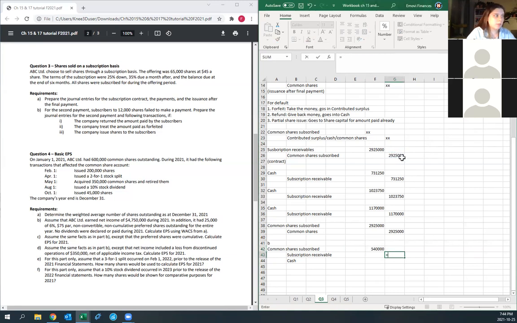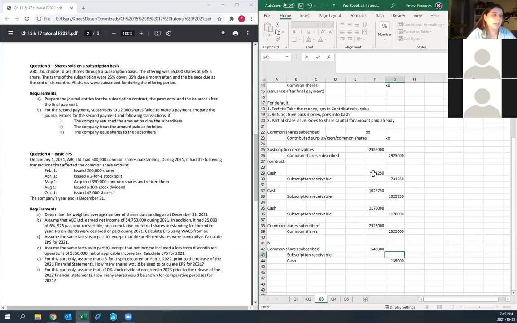Your subscription receivable, so this is for the second payment. So they only paid the first payment. So we're going to do again 12,000 divided by 65,000 times the amount that you have for your first payment. And then your cash amount is this. So your cash amount is the first payment that they made, and then your receivable is the balance that's left.